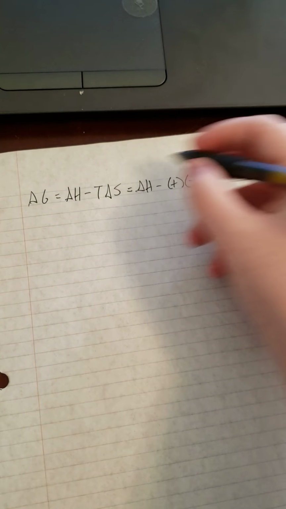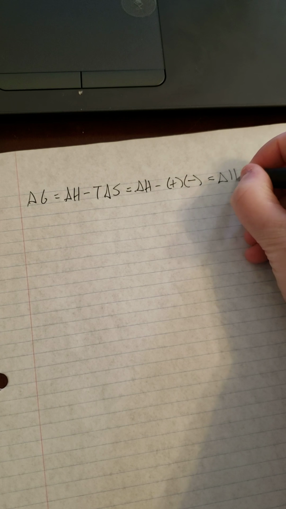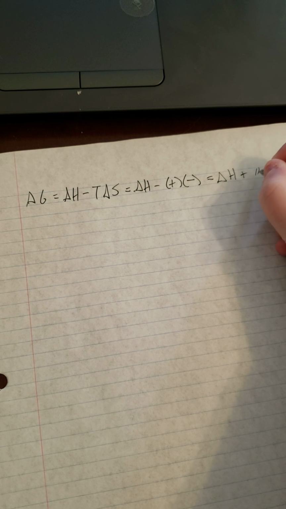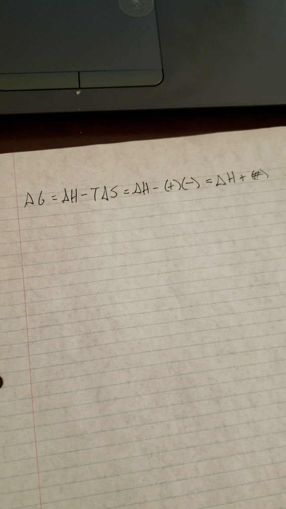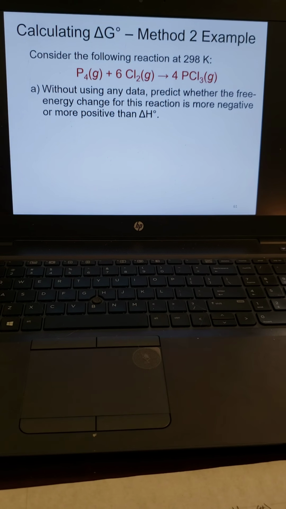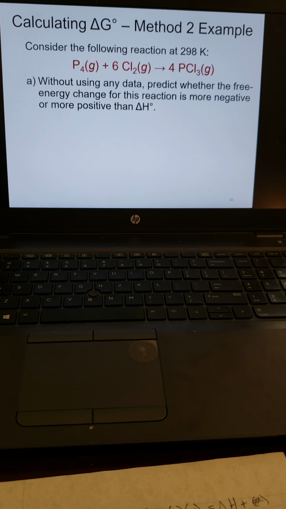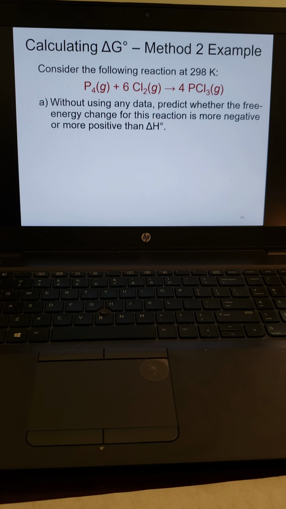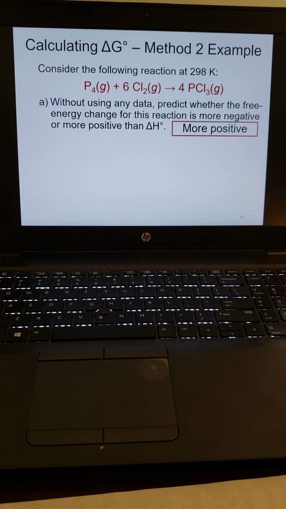So basically we know that delta G is equal to delta H plus some number, which is going to be the temperature times the entropy. So what does that mean? Well, it means that we can answer this question. Without using any data, predict whether the free energy change for this reaction is more negative or more positive than delta H. Well, it was delta H plus something, so that means it should be more positive.